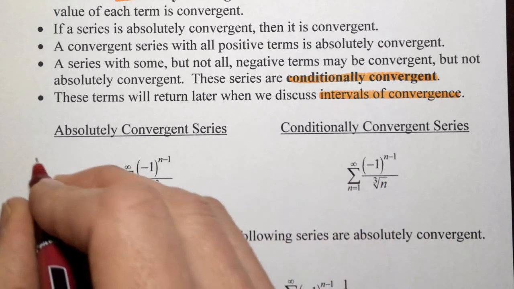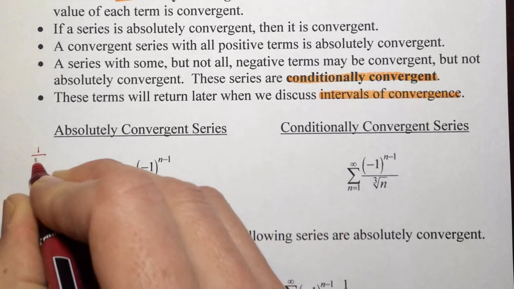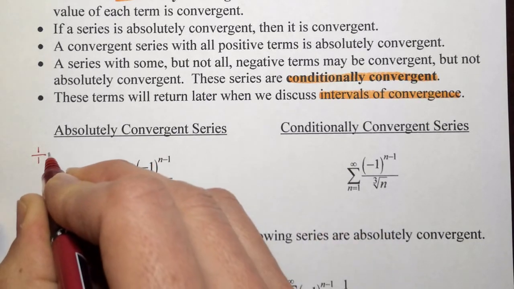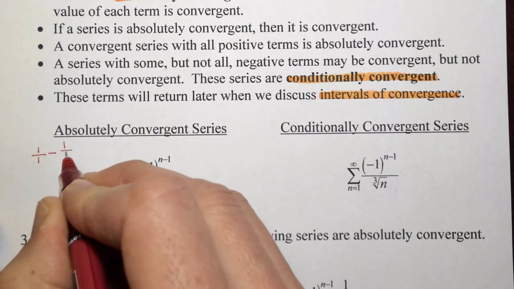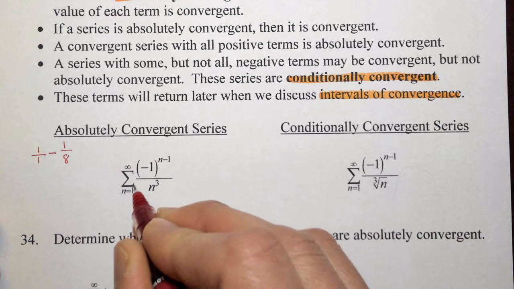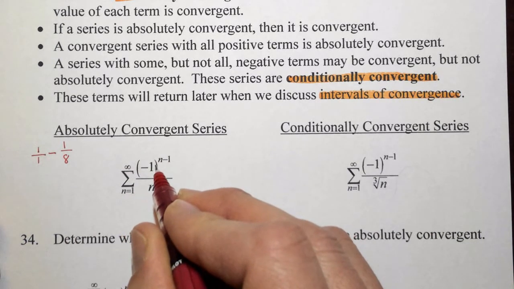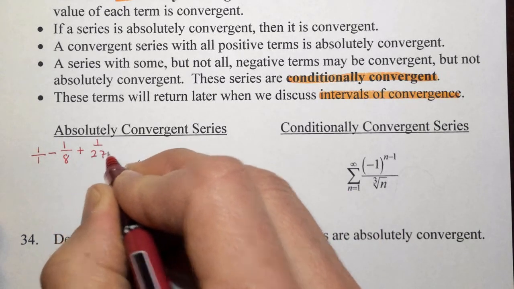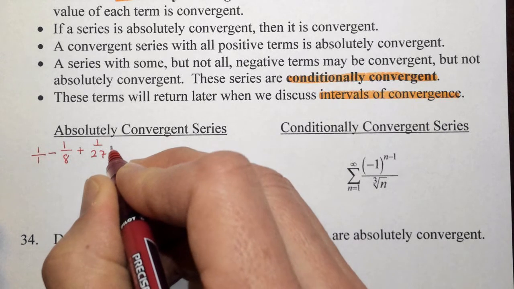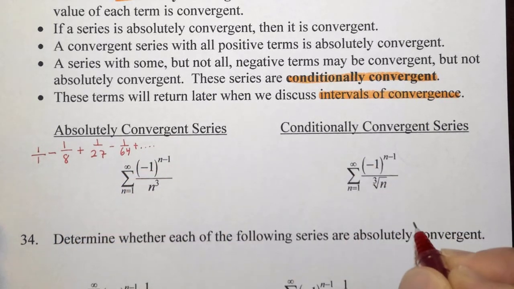The first term will be 1 over 1 cubed, and then the next term will be negative. It'll end up actually being 1 over 8, but it will be negative because when n is 2, 2 minus 1 is 1, and -1 to the first power is -1. But then the next term is positive, so we have 1 over 27. Then the next term is negative, we have 1 over 64. And this just keeps going and going.